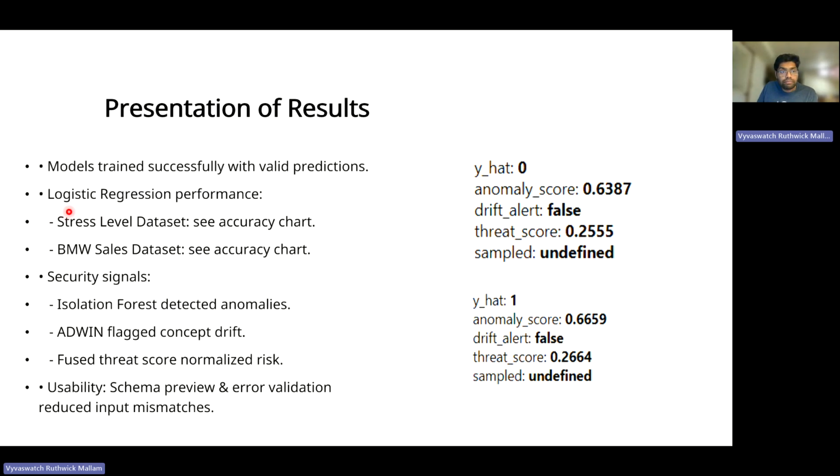And we can see that most of this works on logistic regression. We have already discussed two samples, that is the stress level and the BMW sales data set. And then it uses the Evidently drift anomaly algorithm.